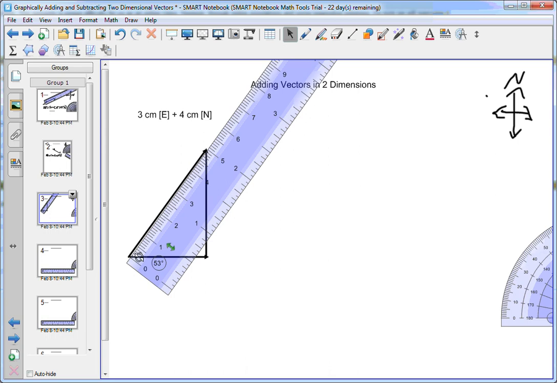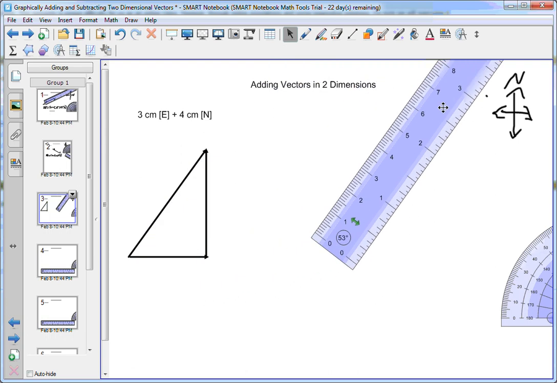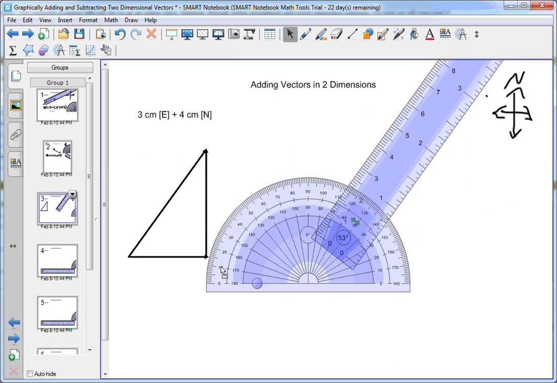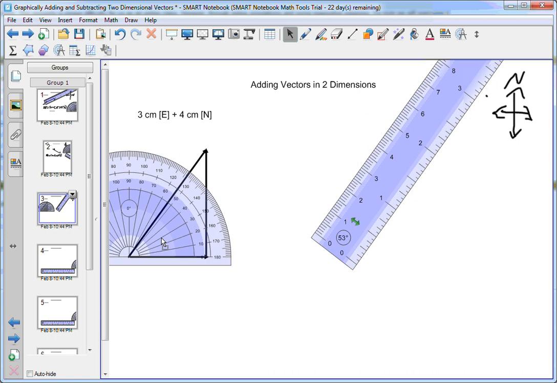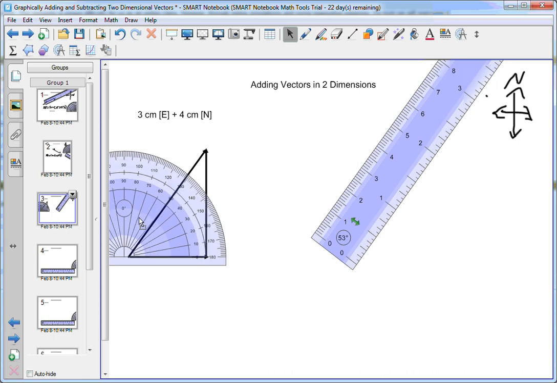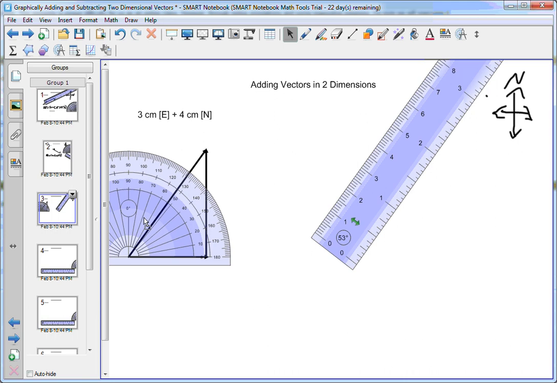We measure it to be 5 centimeters. Okay, so it's 5 centimeters long. And our direction is 53 by the looks of it.